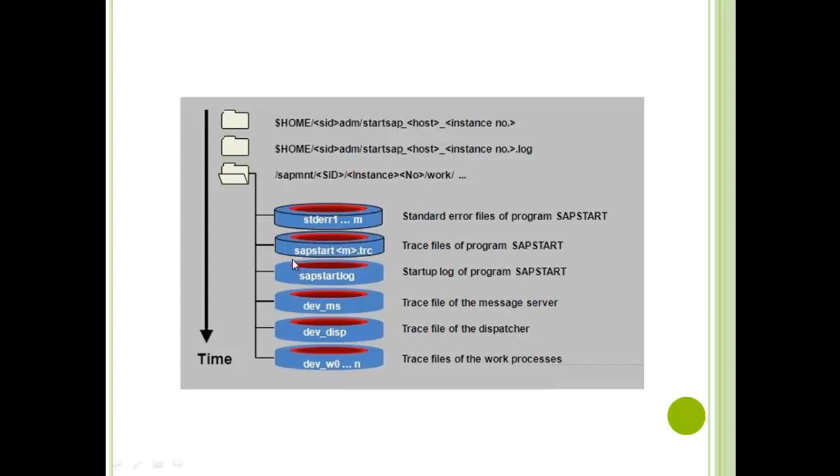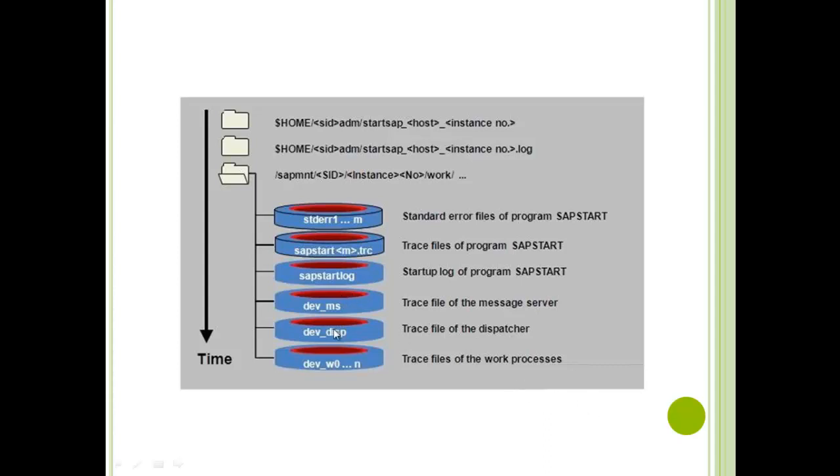The second one is SAP Start, then a number. This trace file traces the program for SAP starts. Okay, and we have SAP Start Log, and this is the trace file which logs the specific SAP Start program logs.